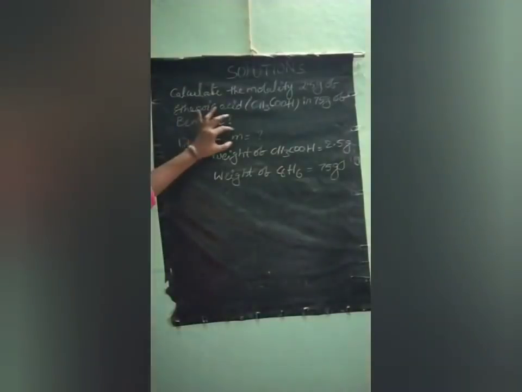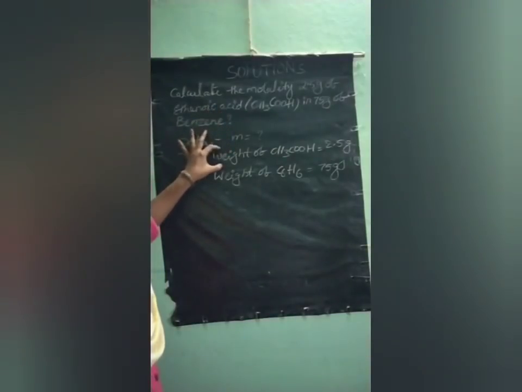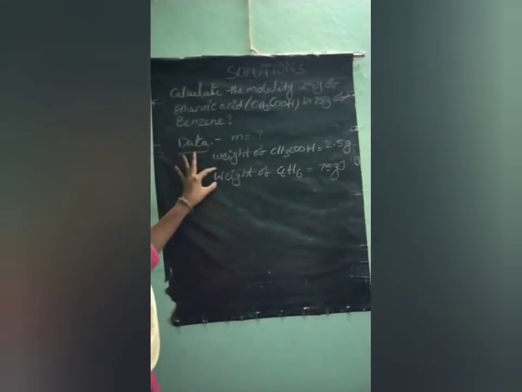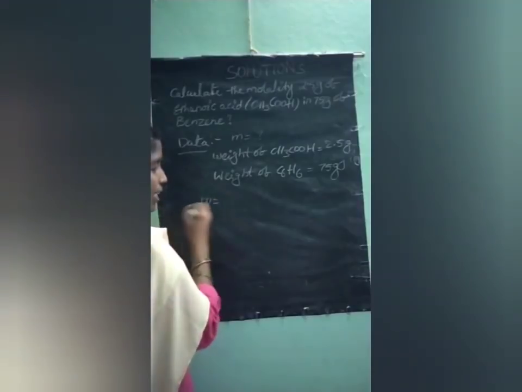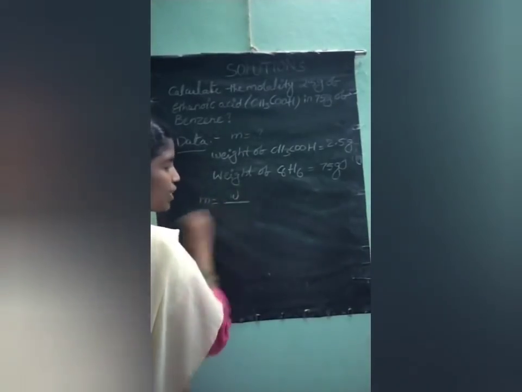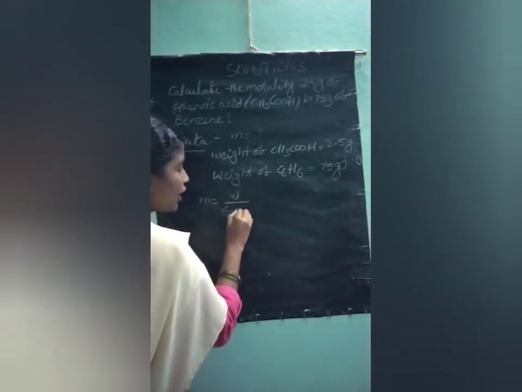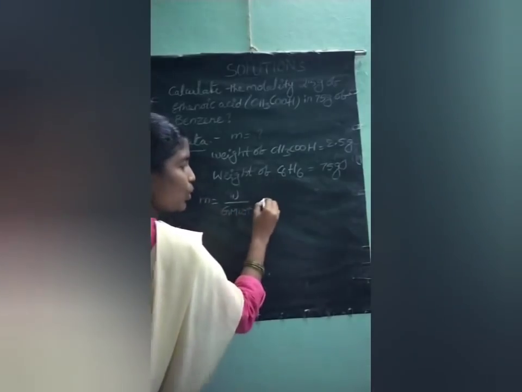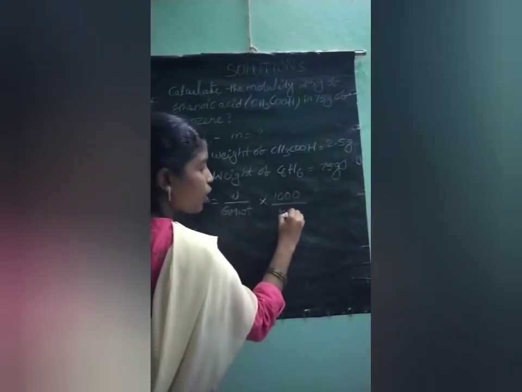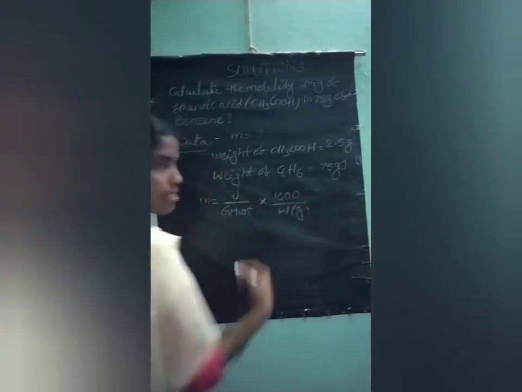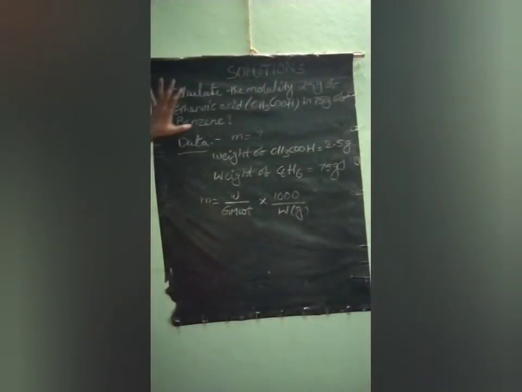This is the data given in the problem. So find the molality. And what is the formula for molality? Molality is equal to weight of the solute by gram molecular weight of the solute into 1000 by weight of the solvent in grams.